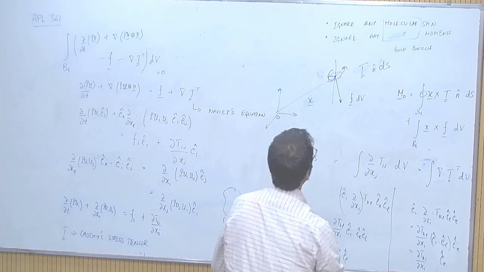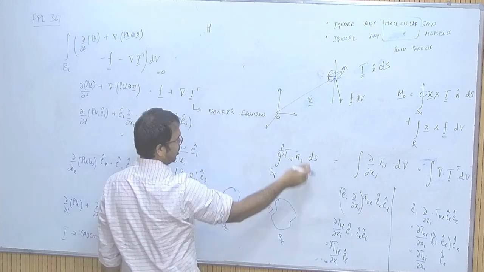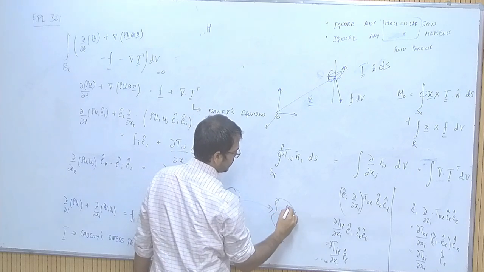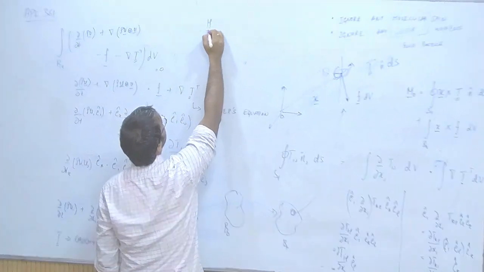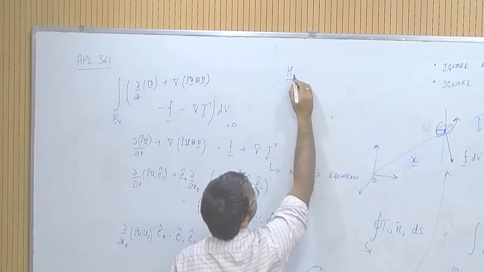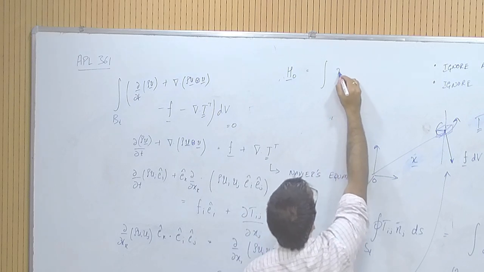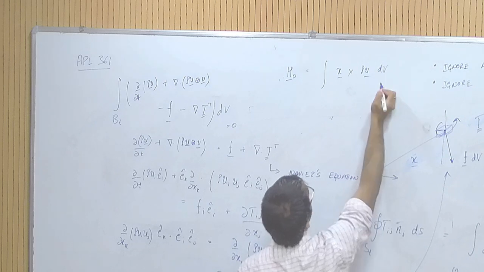And similarly, the angular momentum of the whole blob. So, this fluid particle is in the blob. The angular momentum of this blob is simply x cross rho u dV.